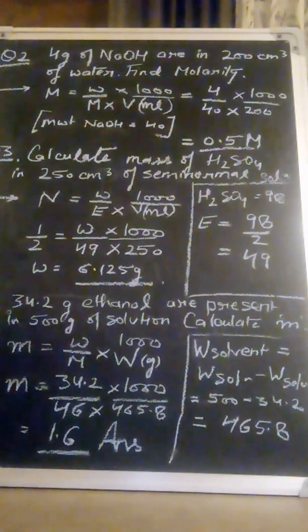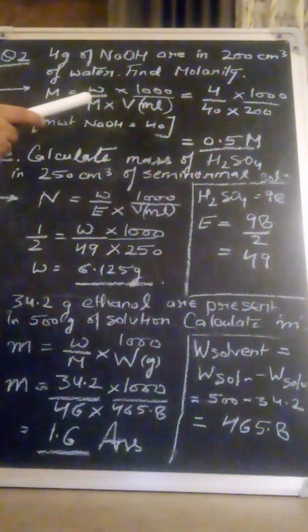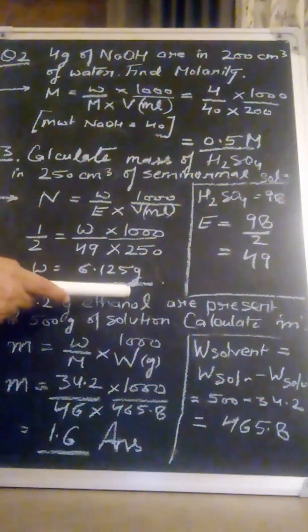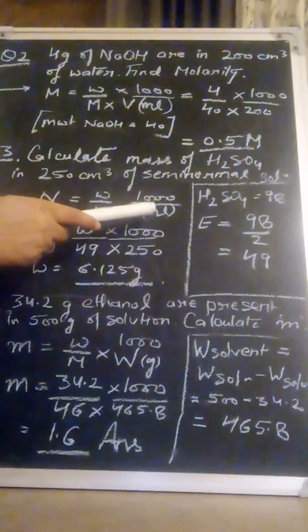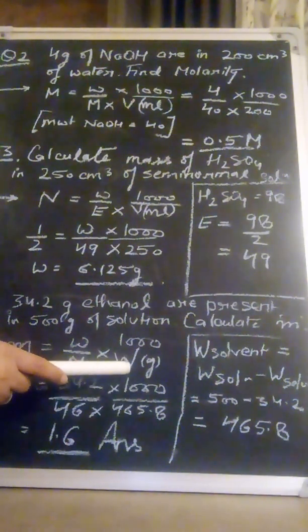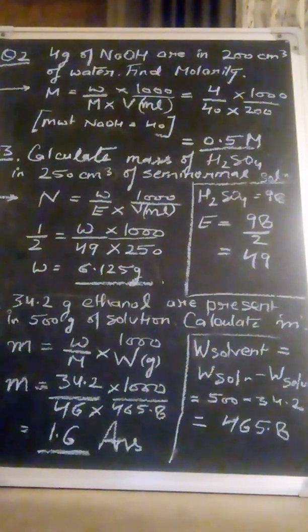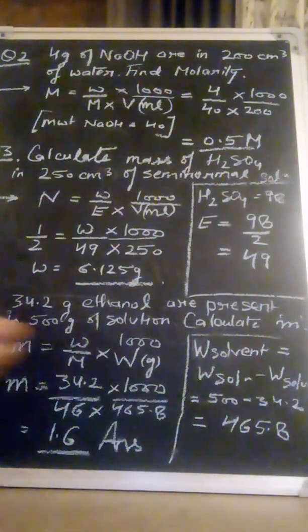I hope you understand this. So the weight of the solvent is taken. In other questions of molarity and normality, you had been taking the volume of solution, but here you take the weight of solvent. This is one thing which you have to remember. Now when you do this, how are you going to solve it?